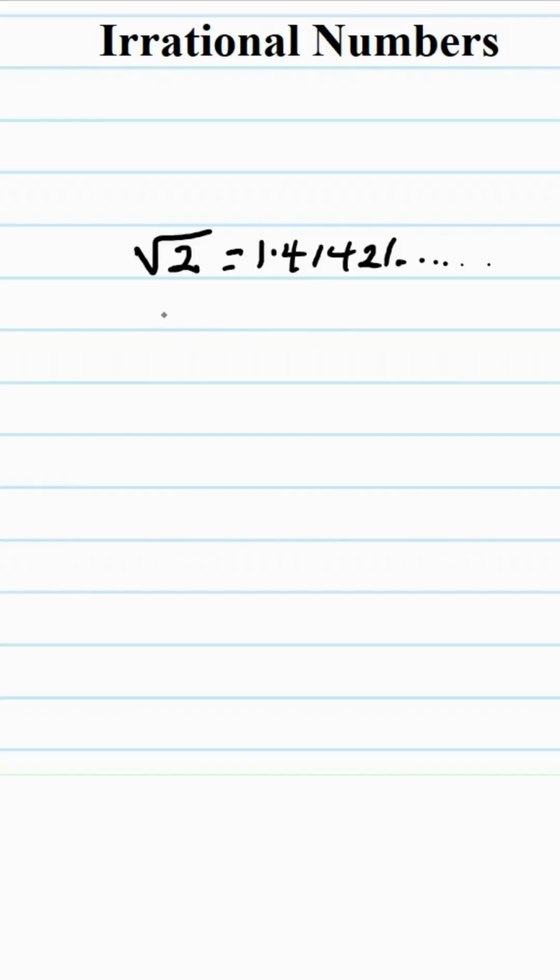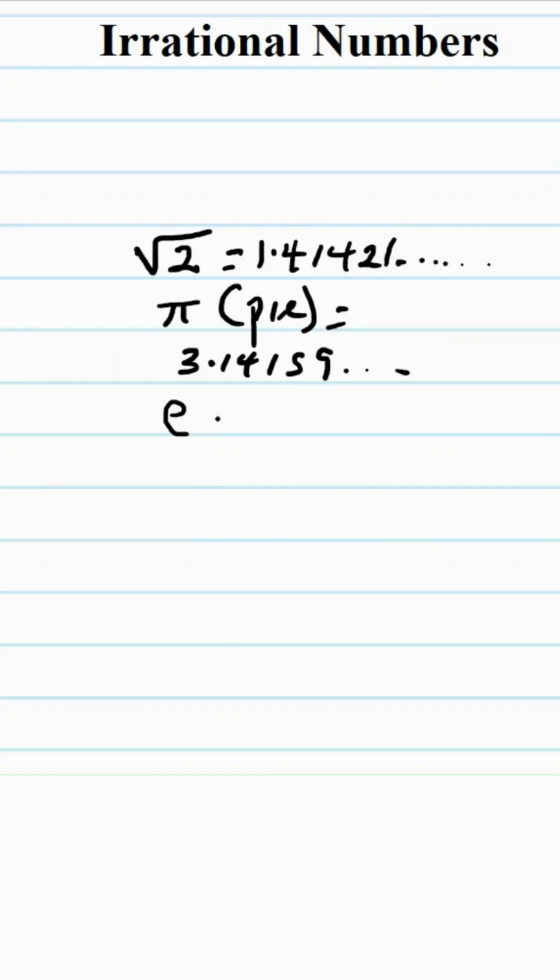Now, if you put pi in your calculator, you get a number that never ends. Something like this: 3.14159, and it continues.